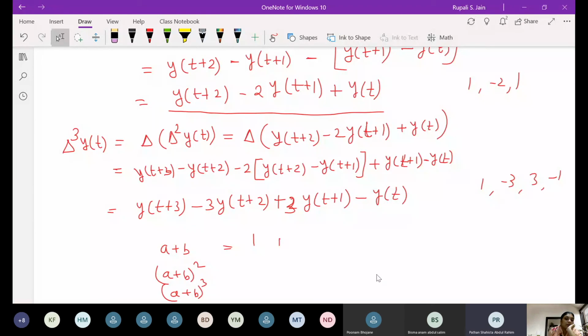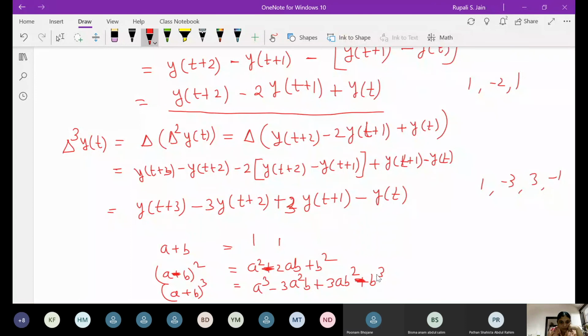1, 1. A plus b square is a square plus 2ab plus b square. A cube plus 3a square b plus 3ab square plus b cube. Here this will be minus.